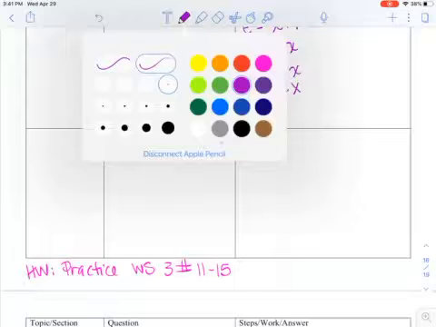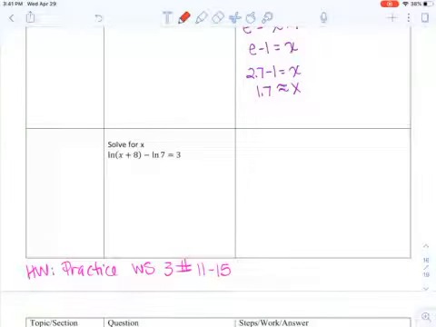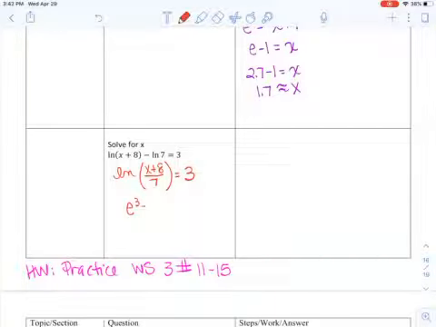And then the last one with this bunch. This one you can do a couple ways. You could use the properties of logs, and you could say, well, it's a subtraction problem, which means if I combine them, it turns into a division problem, which means that e to the third equals x plus 8 divided by 7.